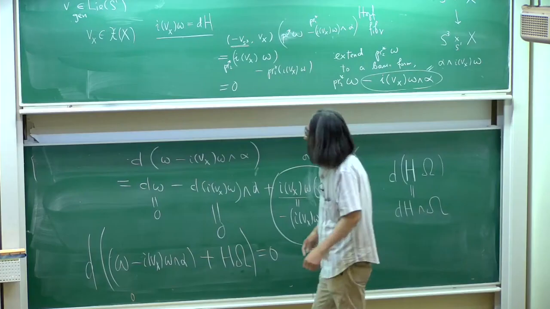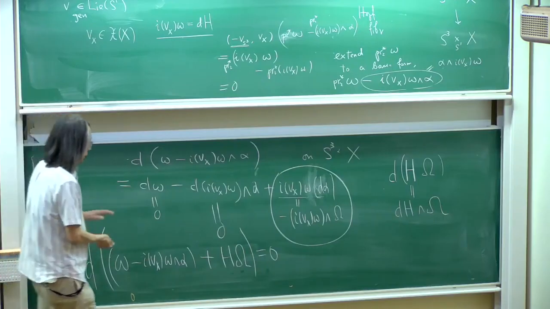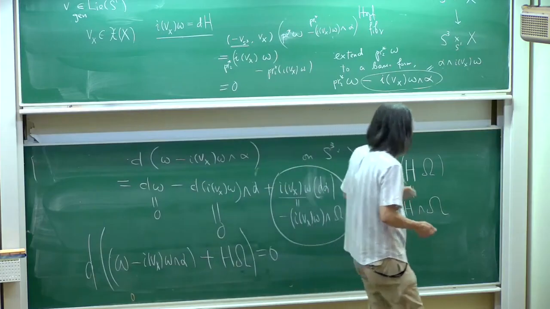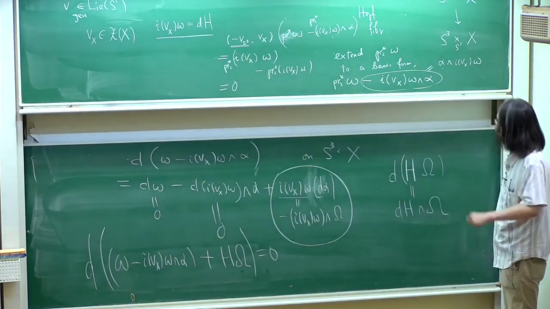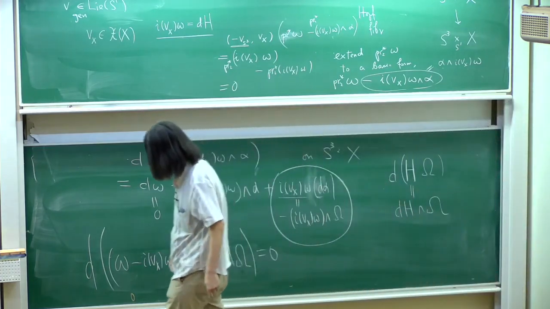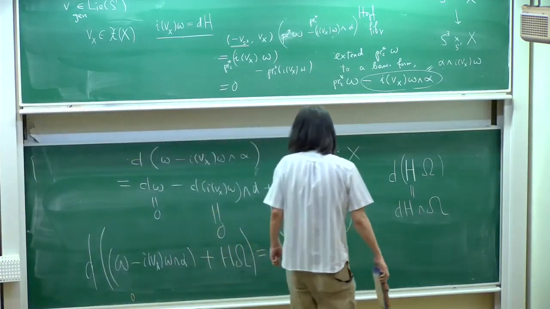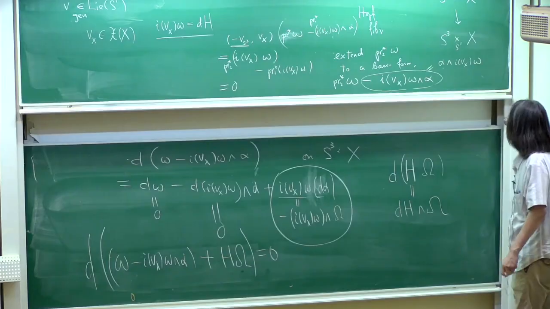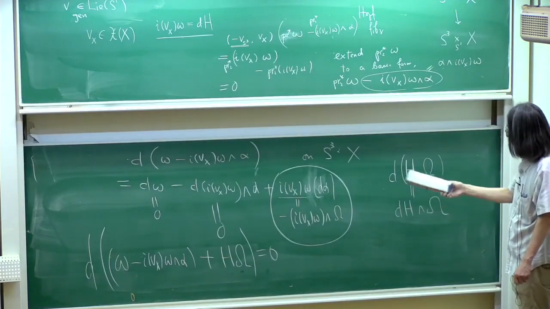So this is a form which extends the symplectic form of each fiber to the whole space, so that it is closed in the total space. I think this is okay. Yes. And so this is good.